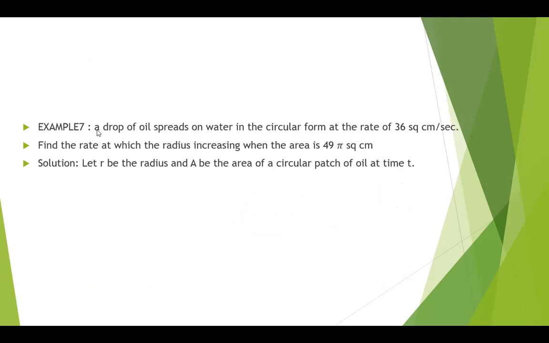Now, I consider the next example. A drop of oil spreads on water in the circular form at the rate of 36 square centimeters per second. Find the rate at which the radius is increasing when the area is 49 pi square centimeters.